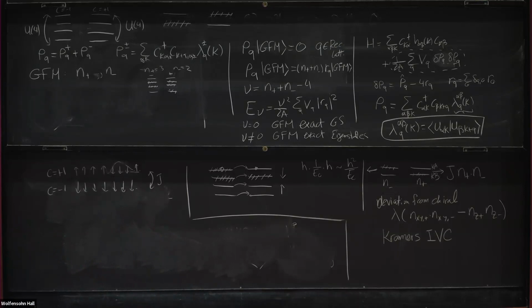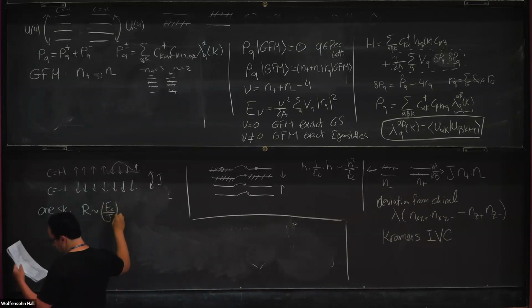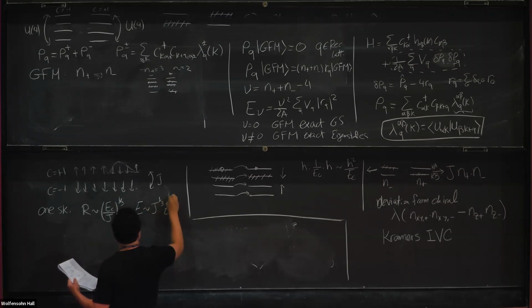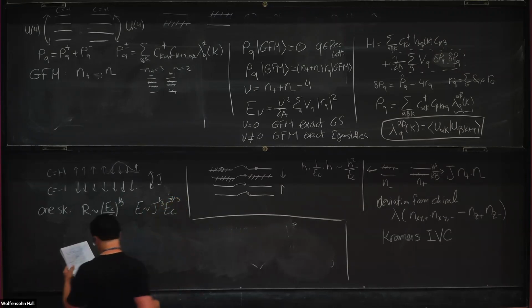So the individual skyrmion will have a size of the order (E_C/J)^(1/3), and will have an energy that goes as J^(1/3) E_C^(2/3), plus of course the elastic piece, which is 4 pi rho.